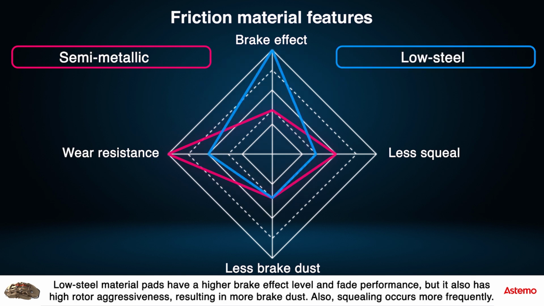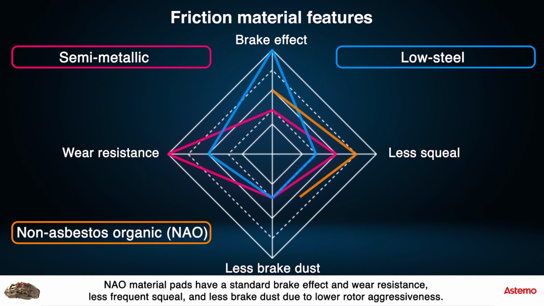Low steel material pads have a higher brake effect level and fade performance, but also have high rotor aggressiveness, resulting in more brake dust. Also, squealing occurs more frequently. NAO material pads have a standard brake effect and wear resistance, less frequent squeal, and less brake dust due to lower rotor aggressiveness.